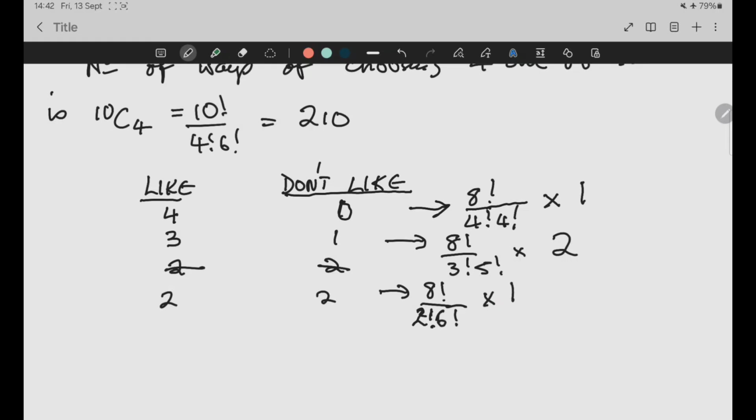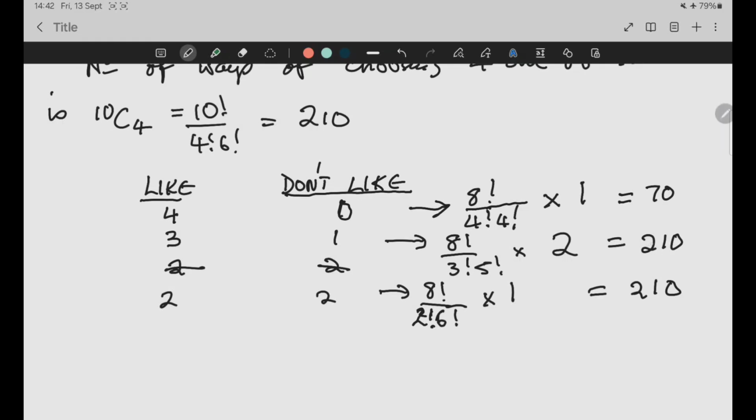So what are these worked out to? Right, that first one works out to 70, the second works out to 210, and the last one also works out to 210.